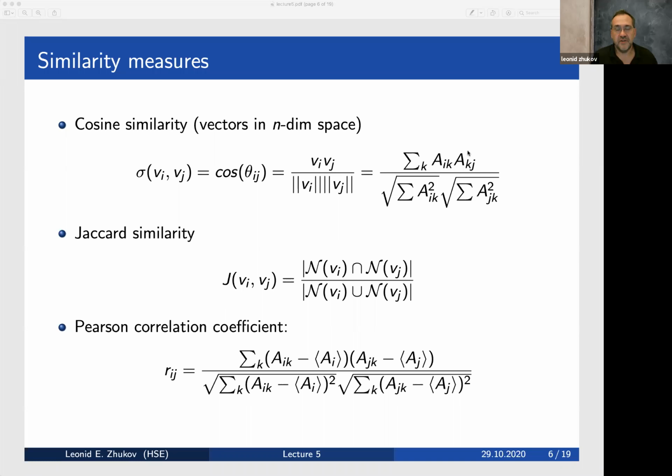And of course, if the vectors are identical, which means the neighbors overlap, cosine is 1, and if there is no overlap, cosine is 0.